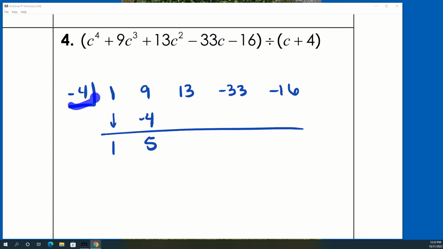And then we're going to multiply. Negative 4 times 5 is negative 20. And then we add and get negative 7. And then we multiply. Negative 4 times negative 7 is 28. And then we add and get negative 5.